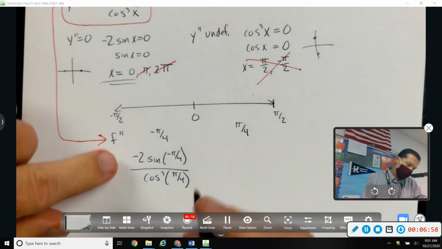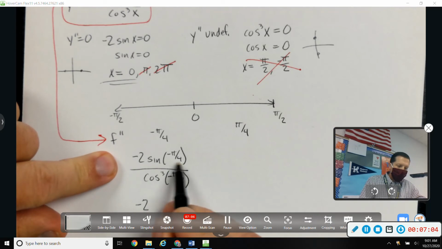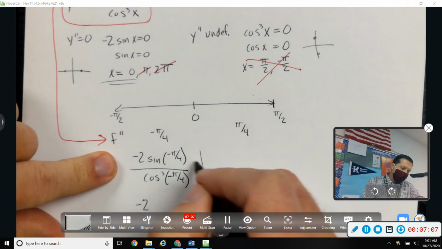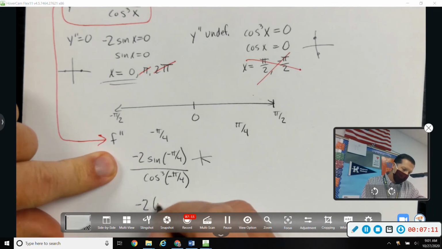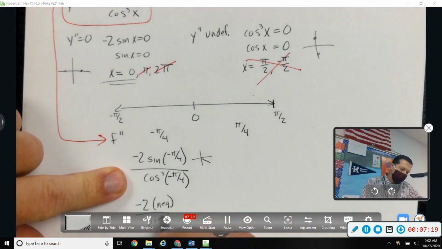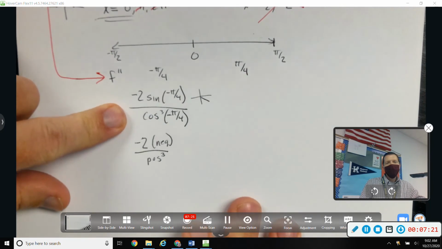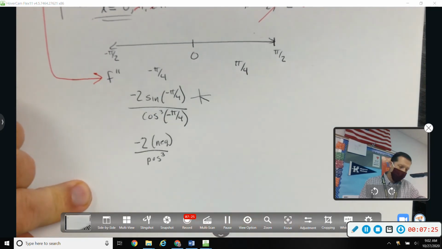Negative 2 sine of negative pi over 4 would be negative. The cosine of negative pi over 4 is positive. So negative 2 times a negative number divided by a positive cubed number.